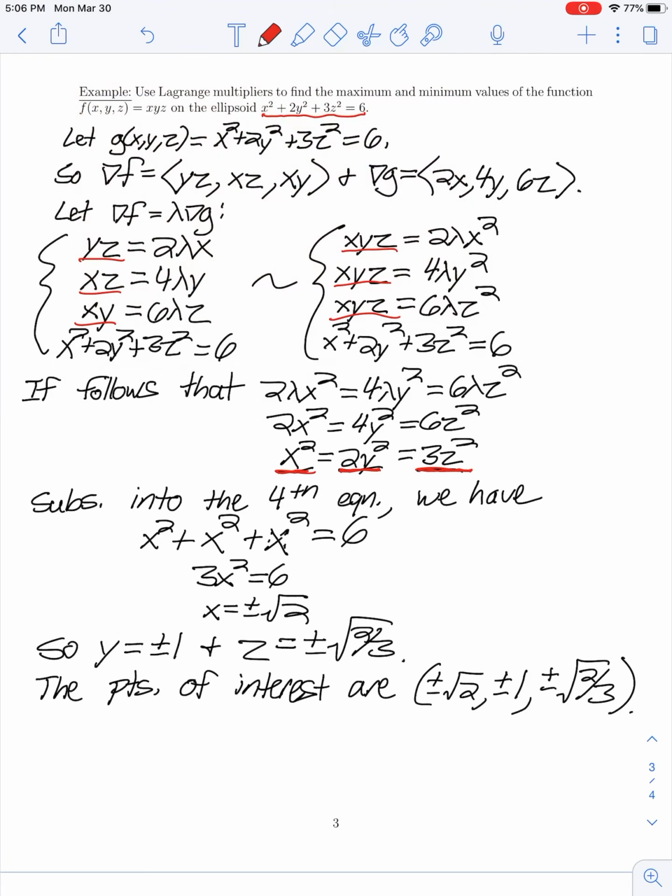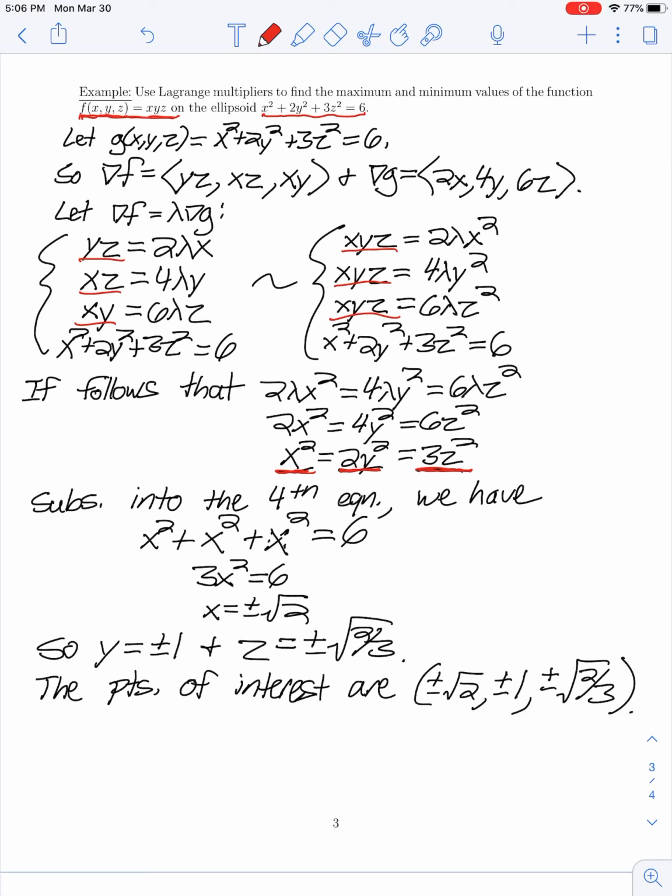Now we want to evaluate our function f at each of these points that we found. But we can save ourselves a little bit of work if we think about the function f that we're trying to maximize or minimize. Our function f is the product of x times y times z.